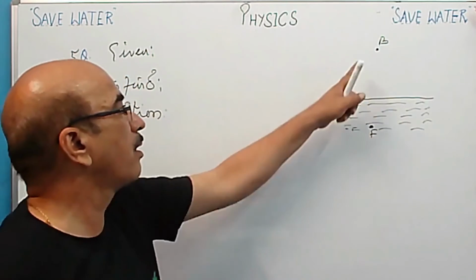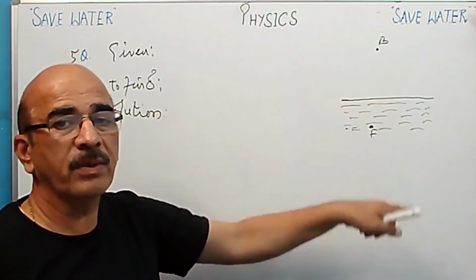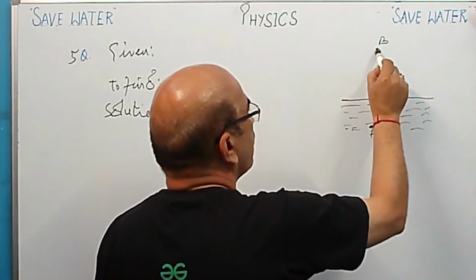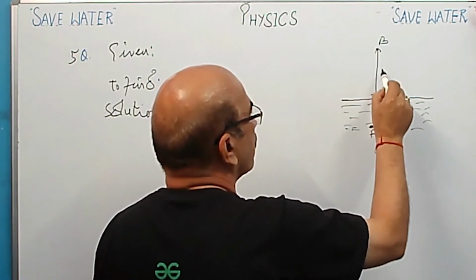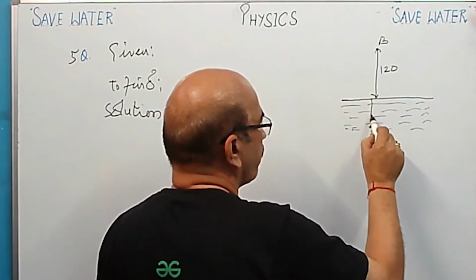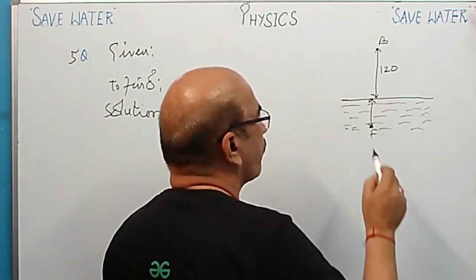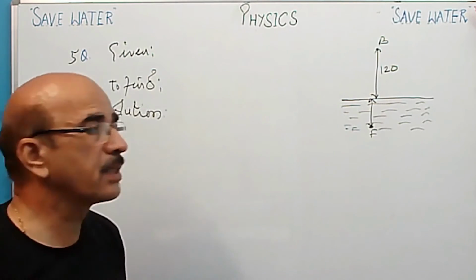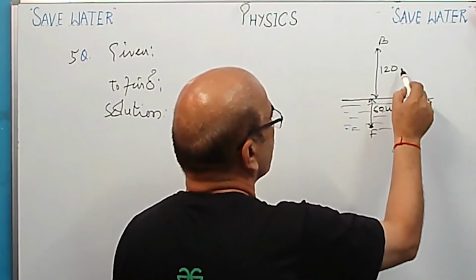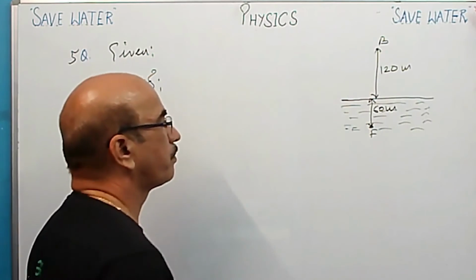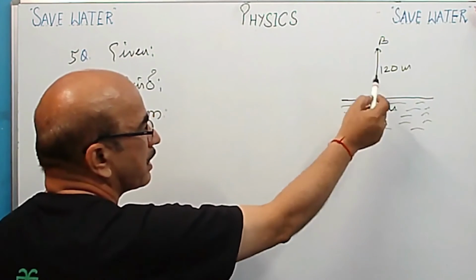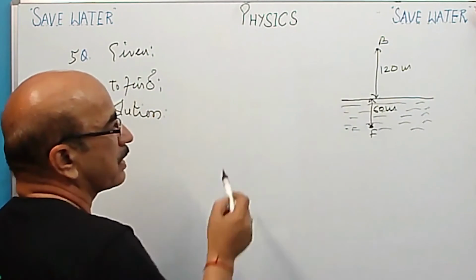The height of the bird from the interface, the surface of the water, is given as 120. This is 120 meter, and the depth of the fish inside the water is given as 60 meter. So the height of the bird from the interface is given, and the depth of the fish from the interface is given.